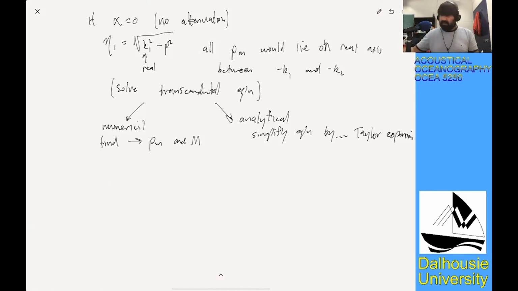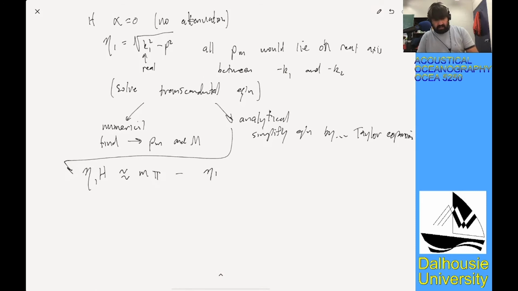Linearize it. So if we go this route, we can write eta 1 h is approximately equal to m pi, and then simply eta 1 h over b 1 2 k1 sine alpha c.